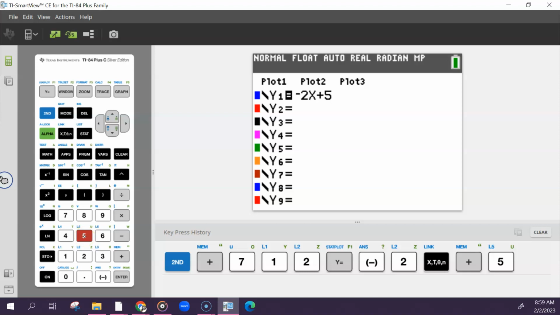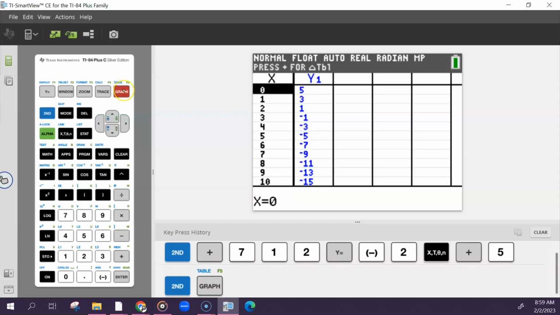And you're going to go into the table, second graph, and find those values: negative 4, negative 2, 0, 2, 4. Write those in. So 13, 9, 5, 1, and negative 3.